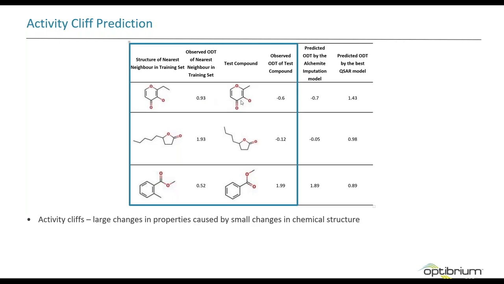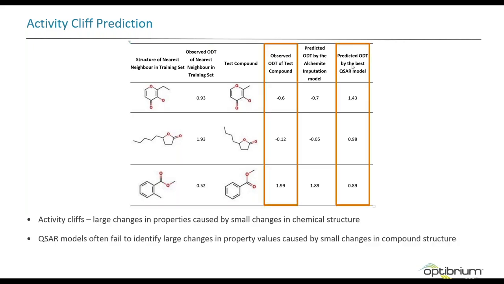So if we look at how these compounds have been predicted by the best QSAR model, we see that the predicted value by the best QSAR model is far from the actual value, and it's actually closer to the nearest neighbor in the training set for the 3 compounds.